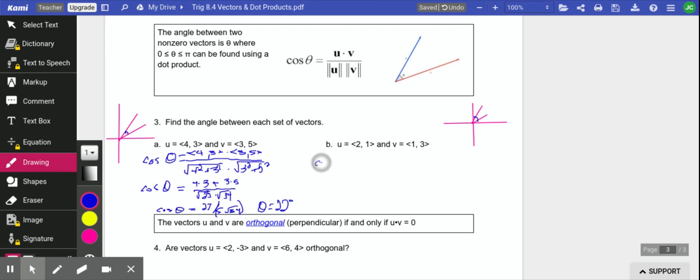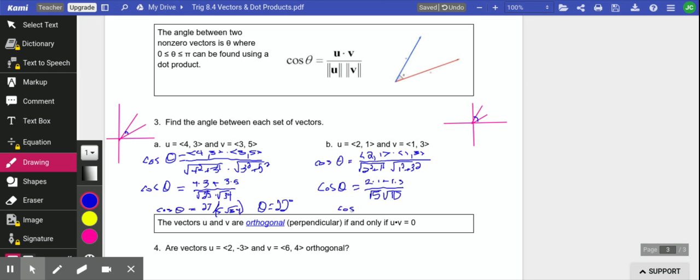So the cosine of that angle between them is vector u times vector v over the magnitude of u, so 2 squared plus 1 squared, times the magnitude of v, 1 squared plus 3 squared. In the numerator, that's going to be 2 times 1 plus 1 times 3, over the square root of 5 times the square root of 10.